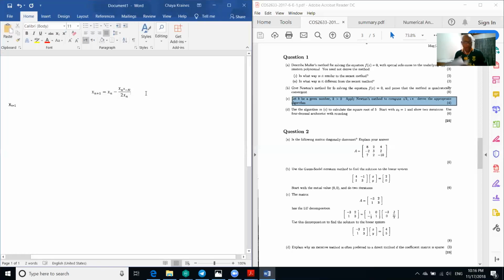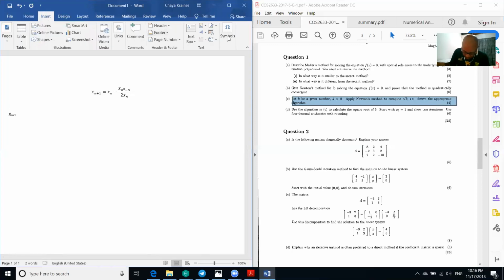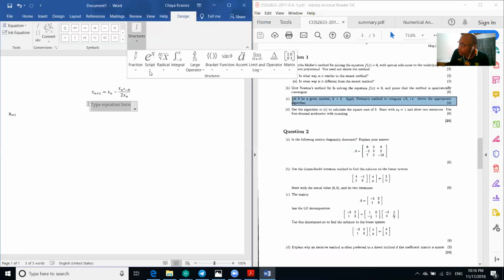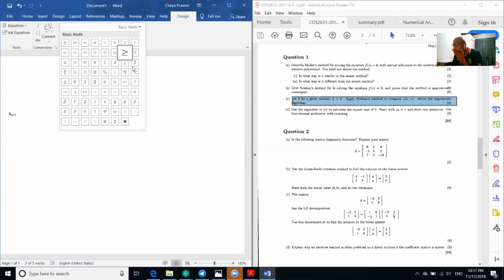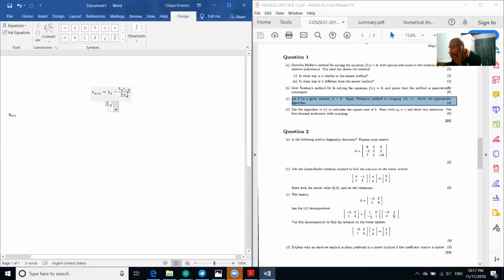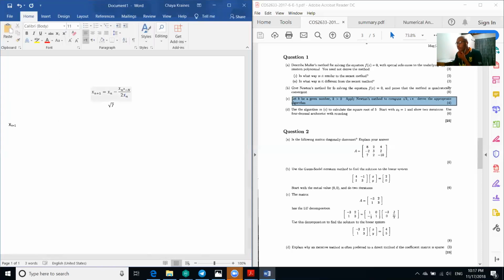So this becomes, let's say they ask us to find the square root of 7. Can you see the root sign somewhere? Yes, there. 7.